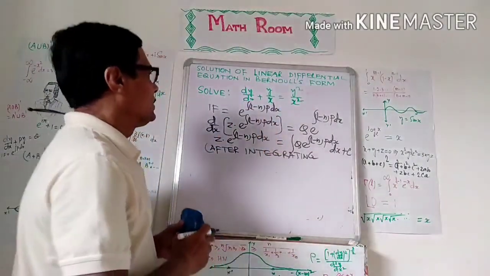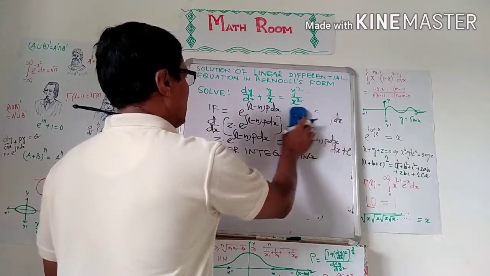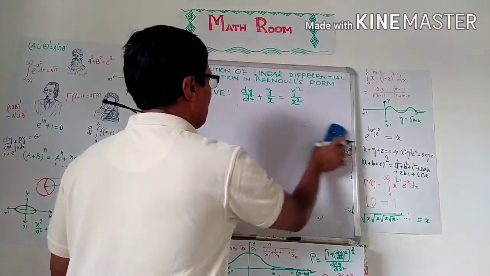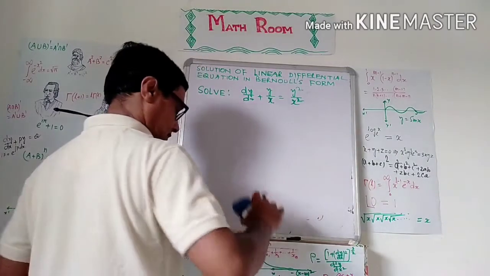We have to divide these equations by y to the power 2 to make these equations a perfect linear differential equation.